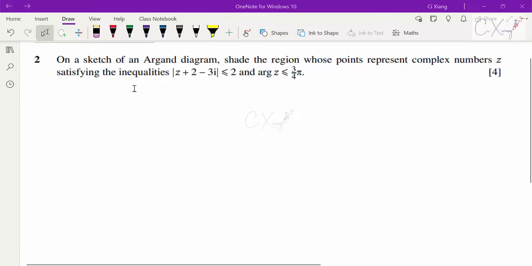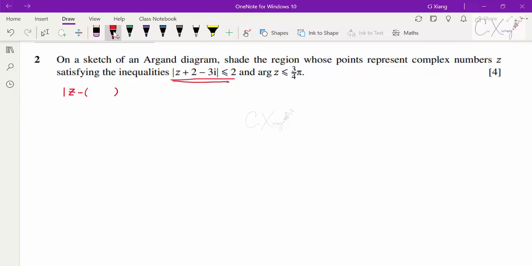Okay, so let's discuss question number 2. On the sketch of the Argand diagram, they want us to shade the region where the point represents the complex number z satisfying these two inequalities. For the first inequality, generally you can see that the locus should be a circle, and I would like to rephrase it as z minus a complex number.